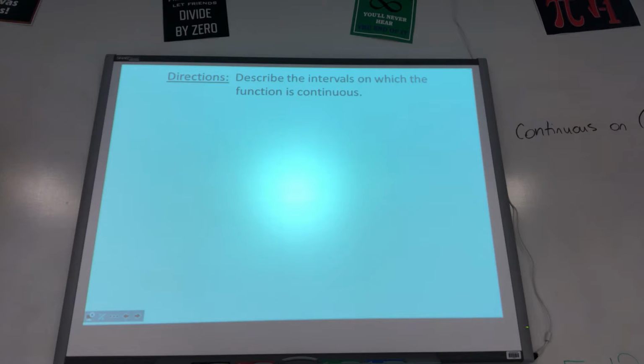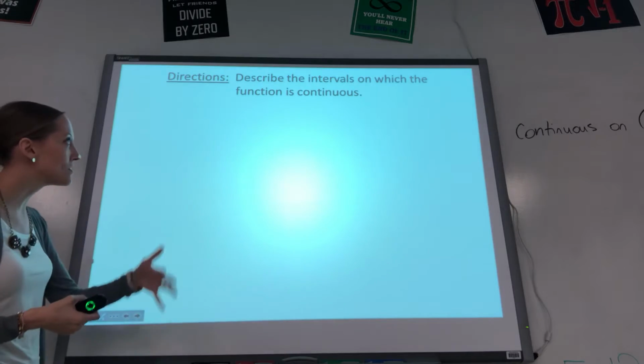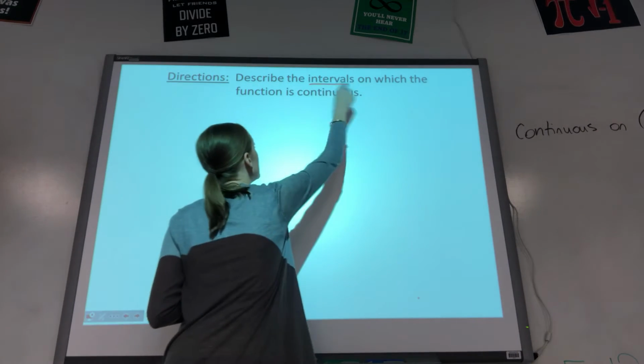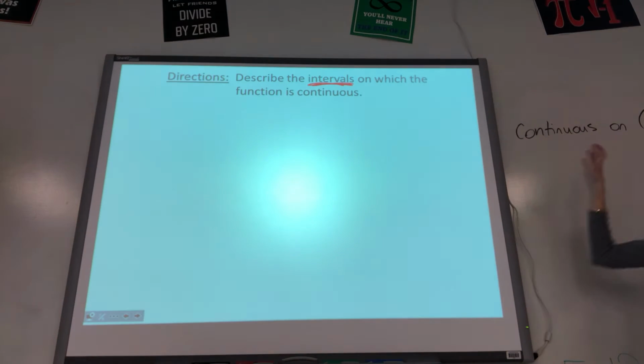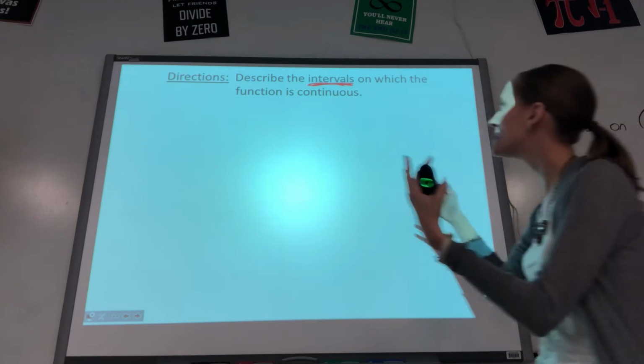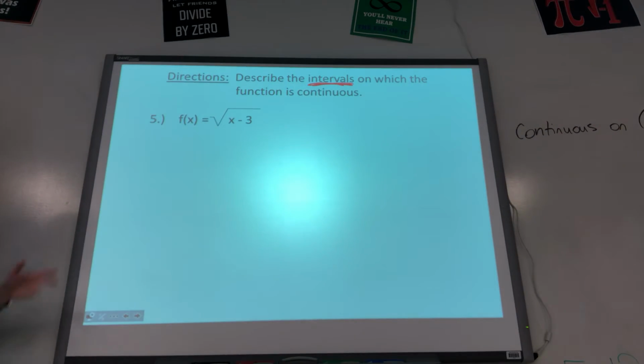We can't just say non-removable discontinuity at x equals 2 or removable discontinuity at x equals 0. Now it says specifically that we have to describe the intervals. So our answer is going to have to look more like this, where you've got parentheses or maybe brackets, depending on what function they give you.